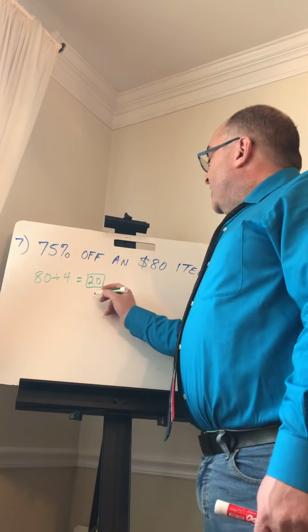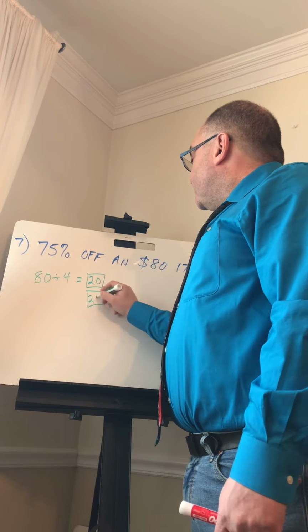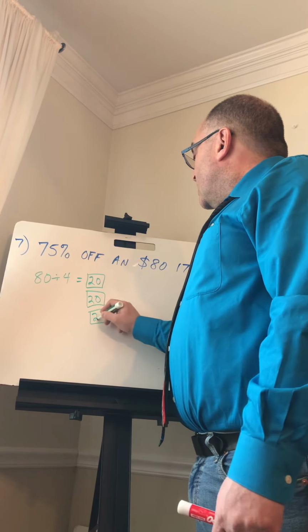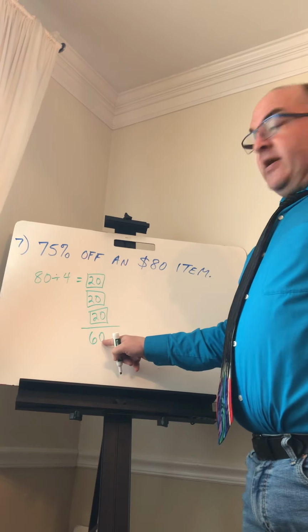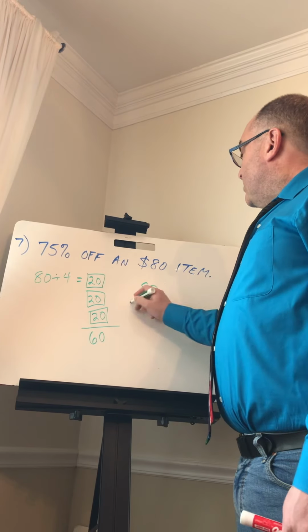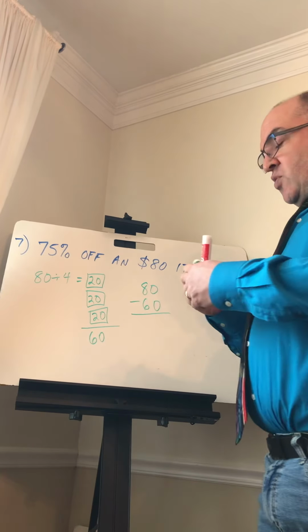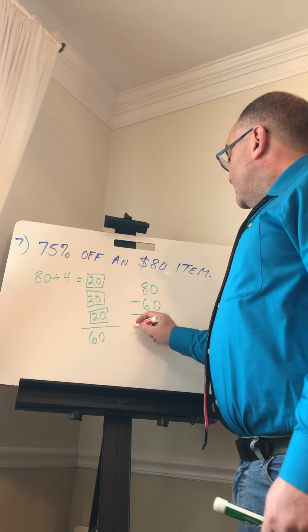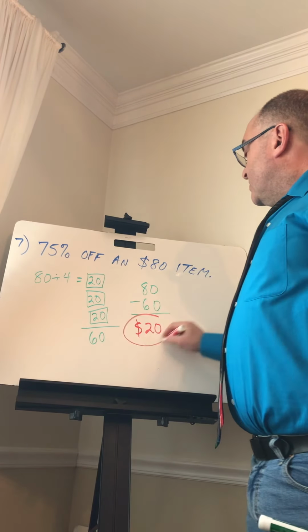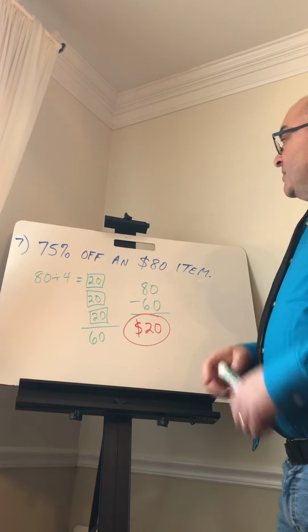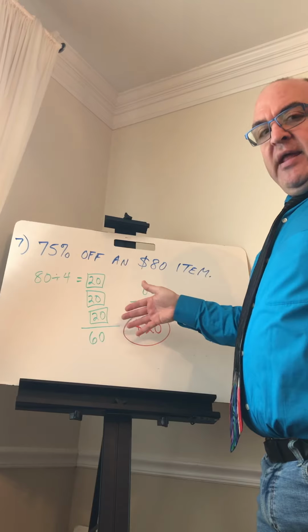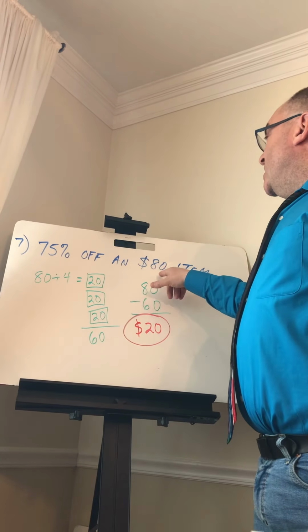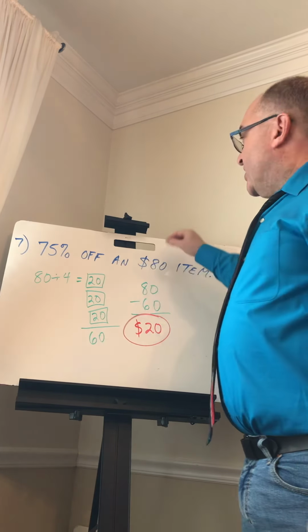So if I take 3 20s, that means I get to take $60 off. So 80 minus 60 is 20. That would be a shortcut method if you can do this figuring in your head, okay? Otherwise, just do 80 times 0.25 on your calculator, and that might be a shorter method for you, okay?